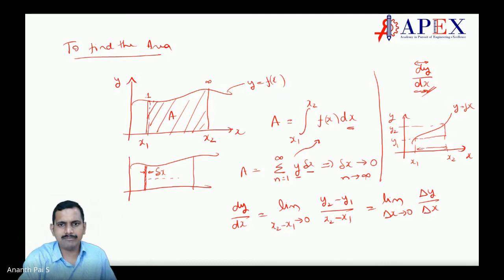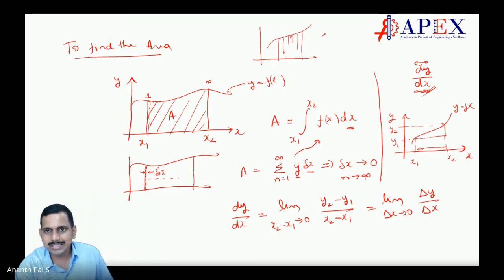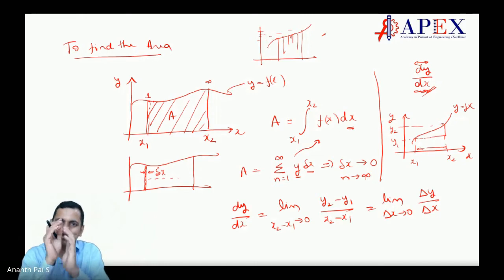If I have this particular curve, when you say x2 minus x1 tends to 0, I am coming from here, first very broad, then you come closer, closer, closer. And then you say what is the change in y. Initially the change in y may be like this, the second change would be this. You're zooming, zooming, zooming, and you'll get to a point. Make sense? Yes, sir.